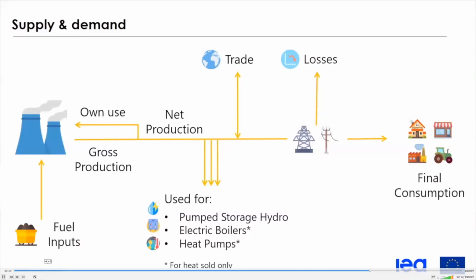At the end of the chain, for the demand, we would have the final consumption of electricity for residential, industries, etc. In addition to all those elements that will be in either physical units for the fuel inputs or in gigawatt hours, one can also collect the peak load and the capacity of this electric system, which are very good indicators to be used later on the development of the country.